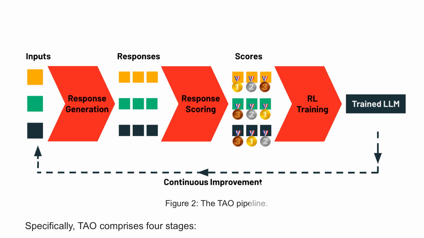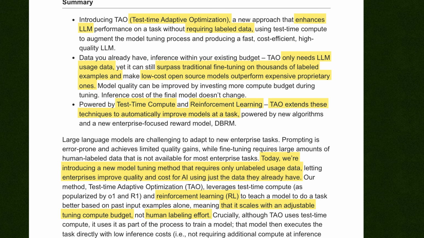You're using this data in that tuning phase, and you improve your model. Again, one of the key points is that it does not require labeled data, because it just uses the test time compute. It just uses the inputs that are provided to the system, the inputs that are aligned with the tasks that you're using it for, and it generates responses on its own. So you won't need a large amount of labeled data in order to tune it.